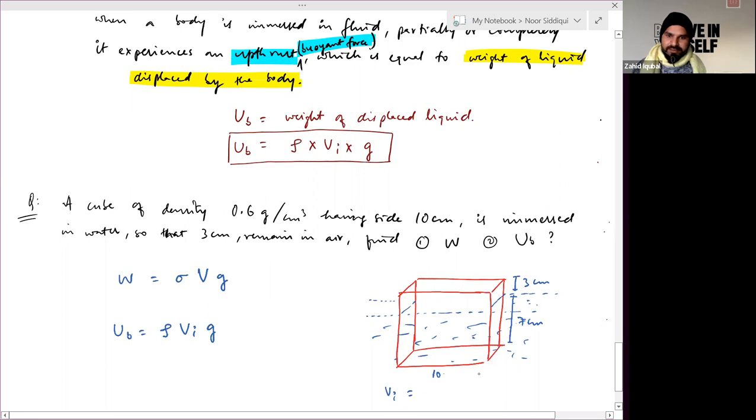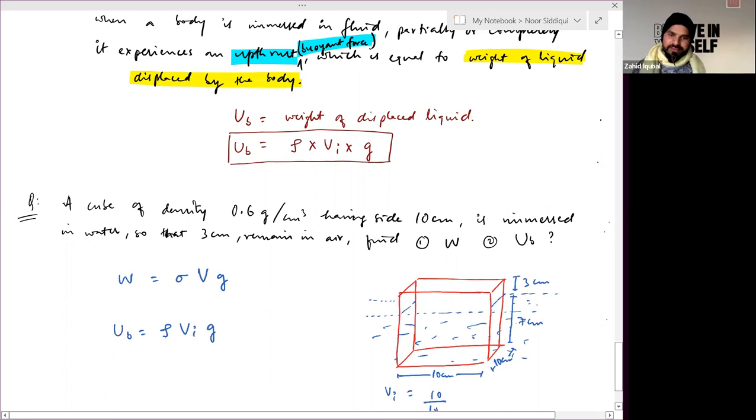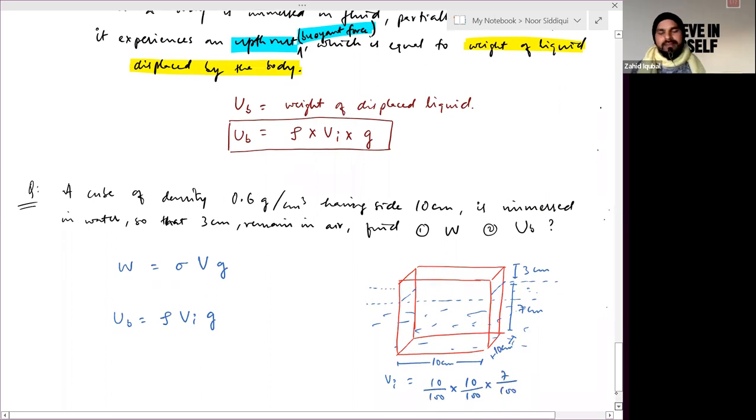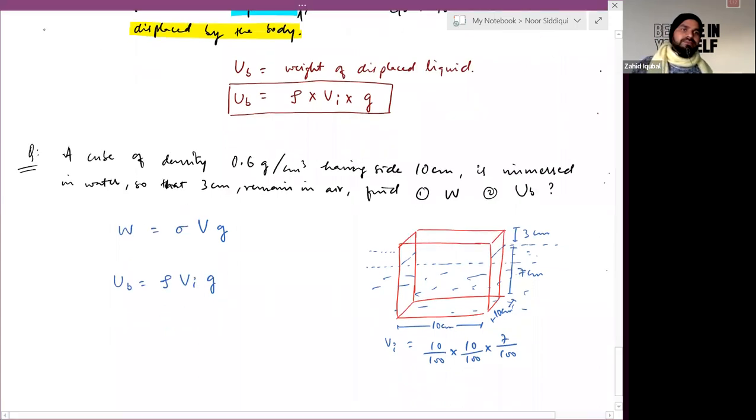We have length 10 centimeter and breadth 10 centimeter. And how much height is immersed in this liquid? 7. Good. So it will be 10 divided by 100, 10 divided by 100, but for height, just 7 divided by 100. Now just put these values and try to find these two terms.